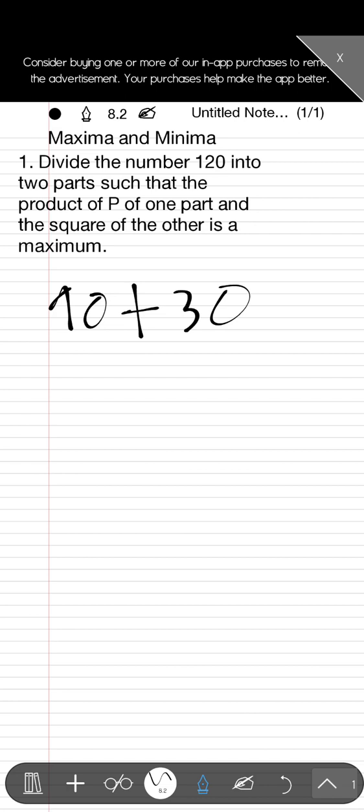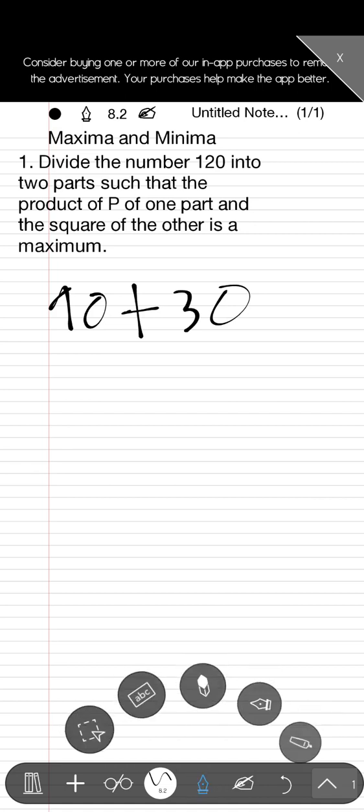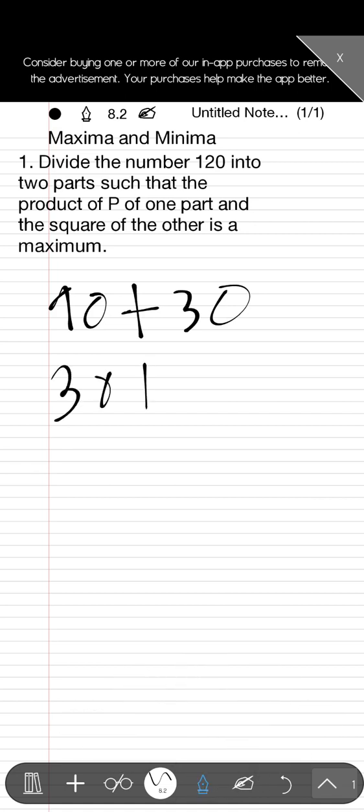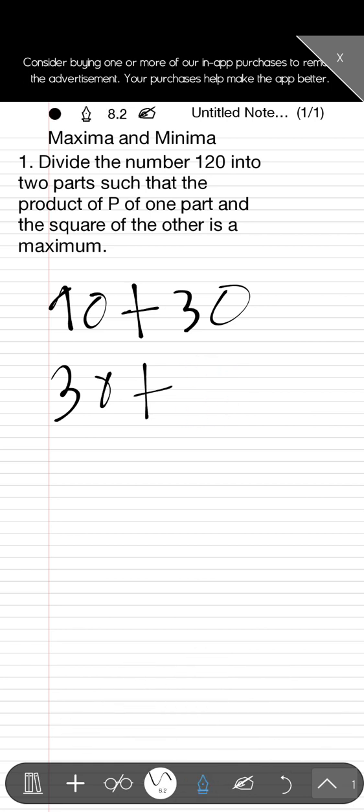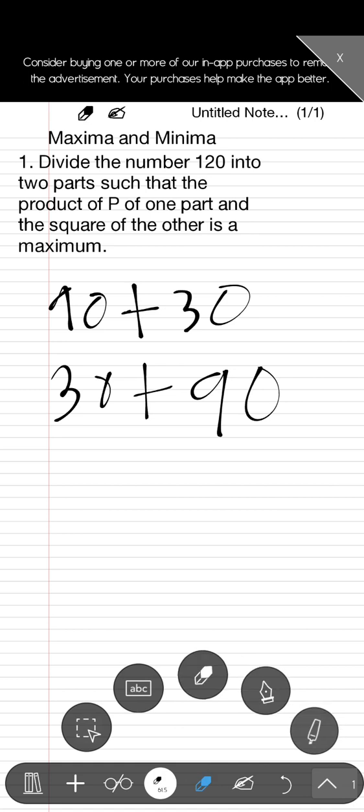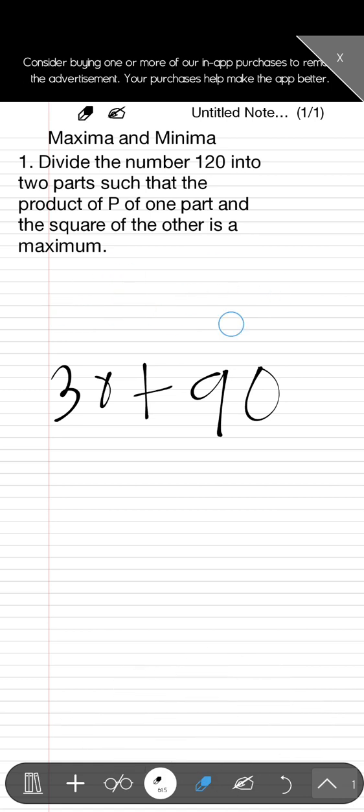Gawin kong 30 plus 90, no? That is still 120. So, your number is 30 and 90, this is 120.